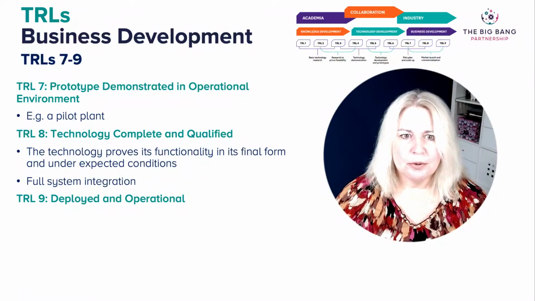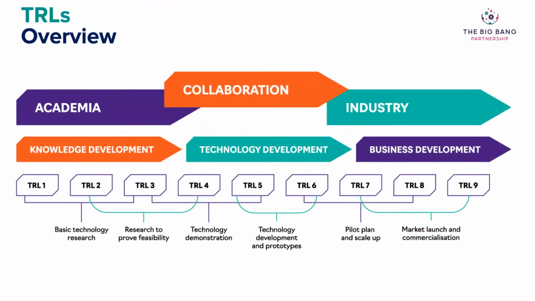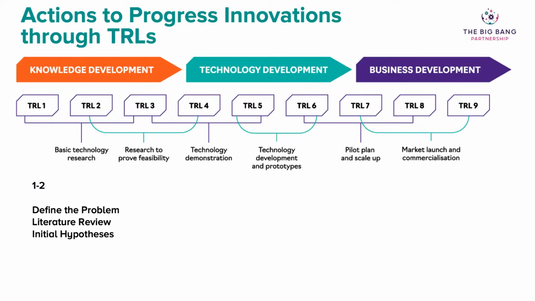Okay, so that's a walk through the TRLs. What I'll do now is just talk about the TRLs and think about, well, how do you move from one to the other? And these are just some suggestions. There's lots of ways of doing this, but it's just to give you some ideas.